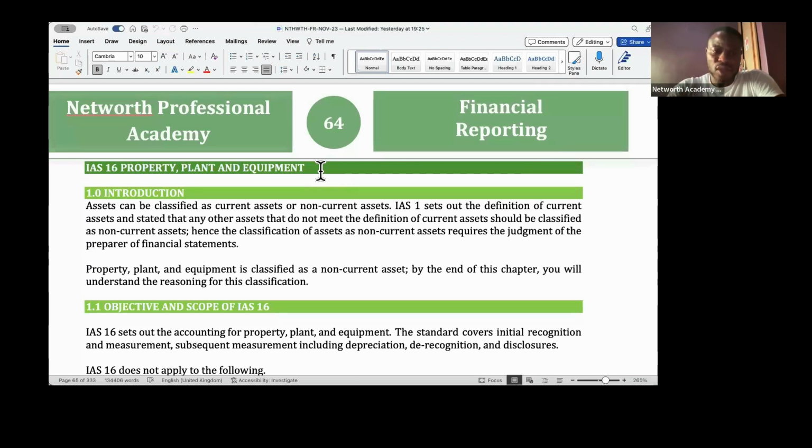However, what we are looking at today, which is property, plant, and equipment, is a non-current asset. And by the end of this topic, you will understand why property, plant, and equipment is a non-current asset.